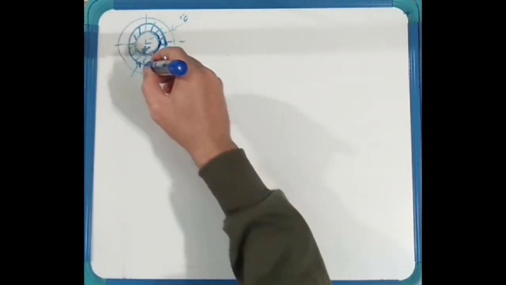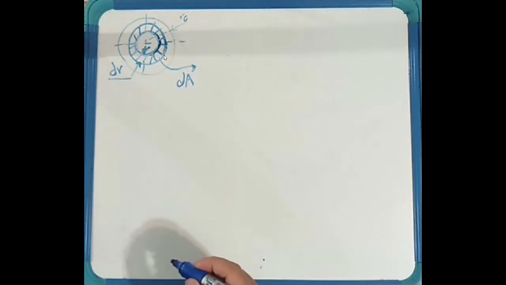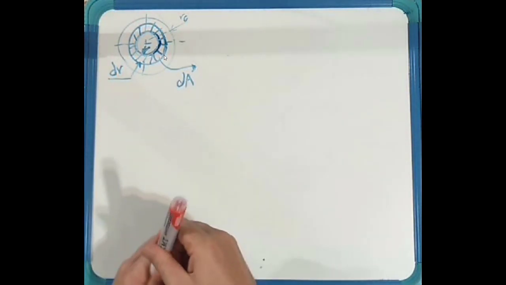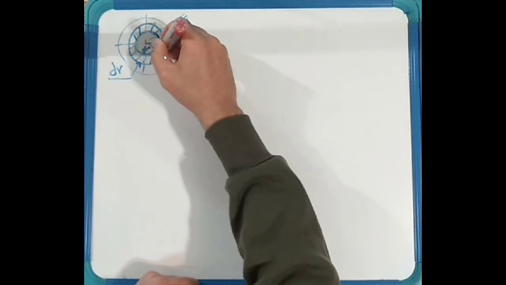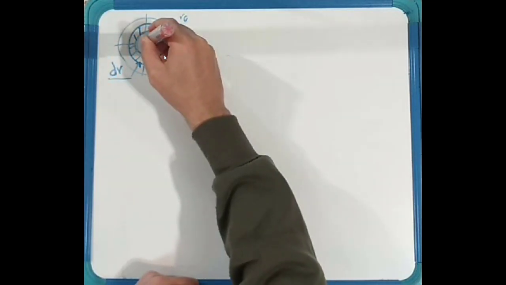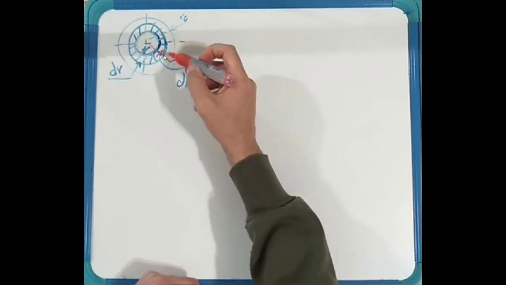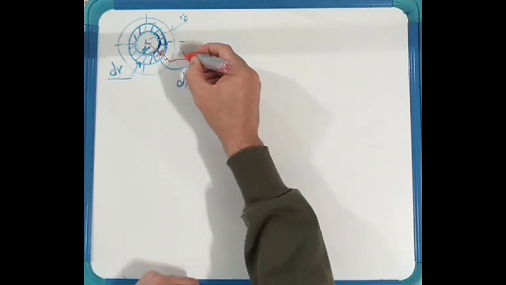The thickness of this is dr, and this radius between the middle and the element is r.